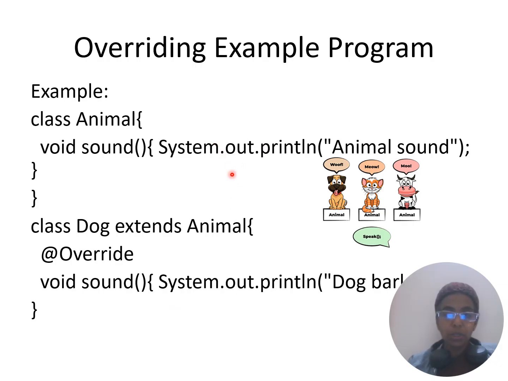If I use an object of the animal class, it will call this method. If I use an object of the dog class, it will use this method. So if I use an object of dog, it will say bark, and if I use an animal object, it will say animal sound. This is the difference.